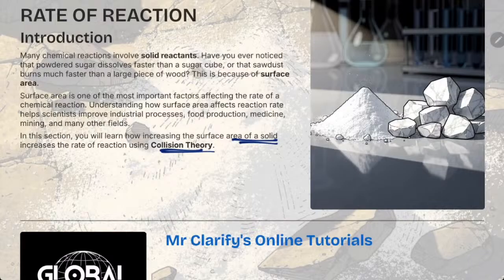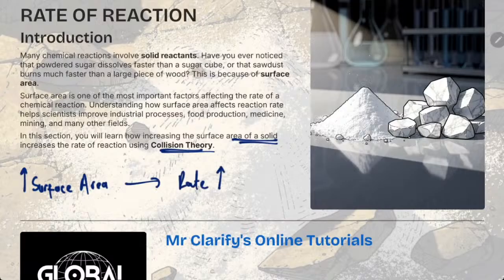If you increase the surface area, then the rate will also increase. The rate means the speed at which the reaction is happening. So if you increase the surface area, then the reaction will go even faster. Now what we want to know is, how do you increase the surface area?